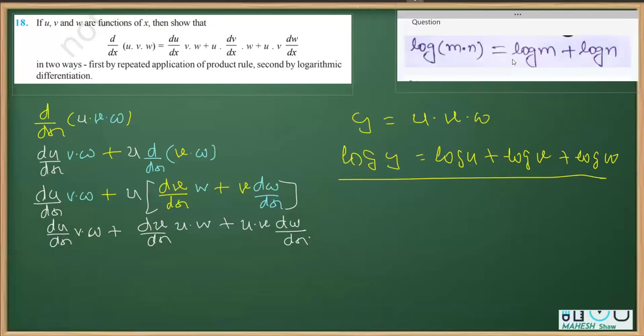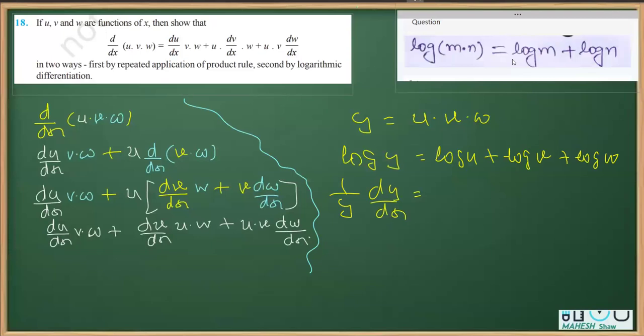Now, in this step, I'm going to differentiate both sides with respect to x. So if I do so, for the differentiation of log y, it is 1 by y dy by dx is equal to, for u, 1 by u du by dx, plus 1 by v for the next, dv by dx, and finally, for this, 1 by w dw by dx.